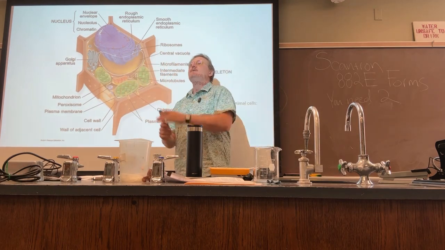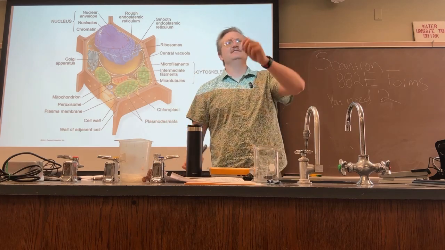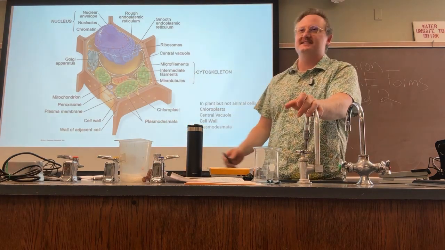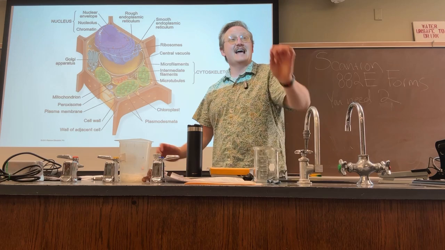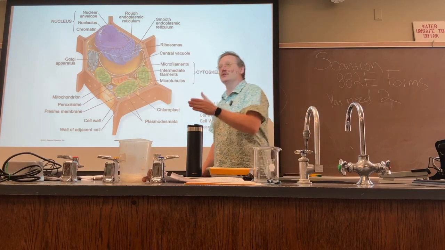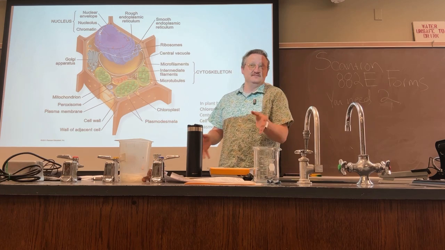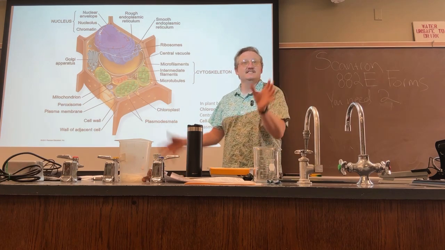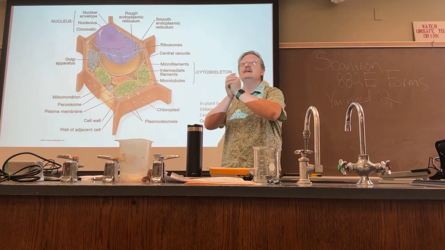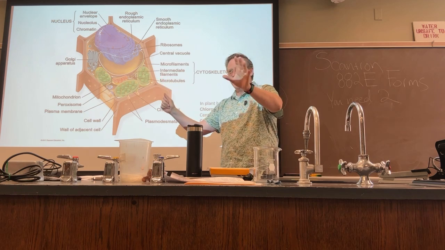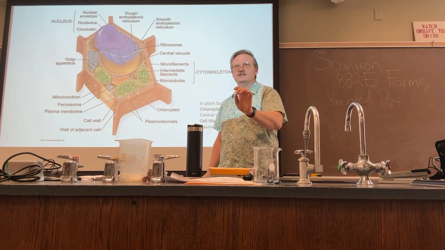And turgid, which is so important in plant cells. A healthy plant cell is turgid, whereas a healthy animal cell is not turgid, because if it had internal turgor pressure, it would burst.